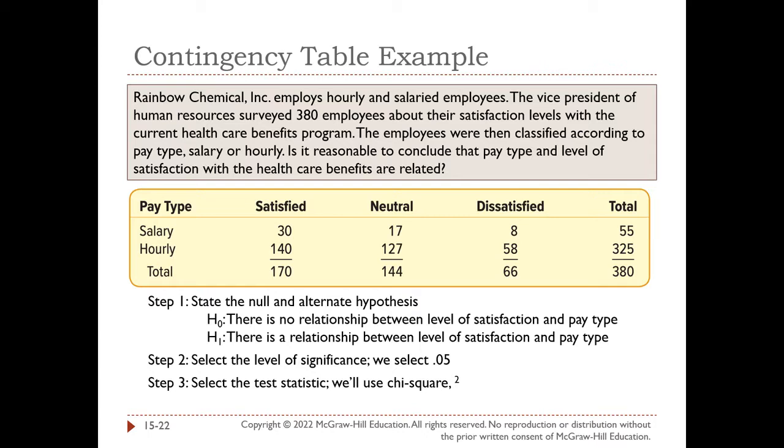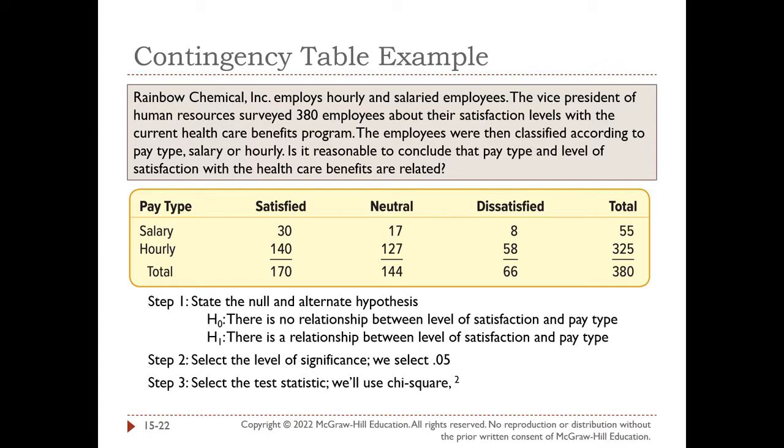The employees were then classified according to pay type, salary or hourly. Is it reasonable to conclude that pay type and level of satisfaction with the health care benefits are related? Okay, here's our table. Pay type, satisfied, neutral, dissatisfied, totals.